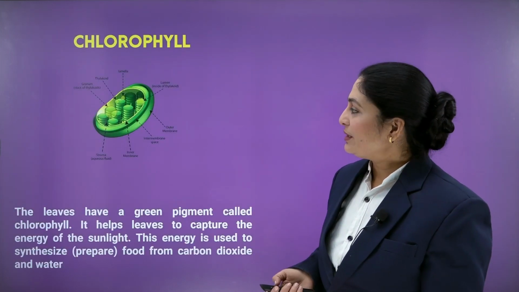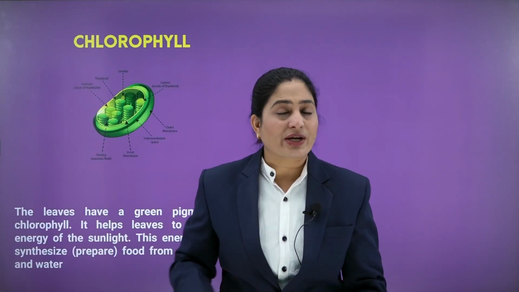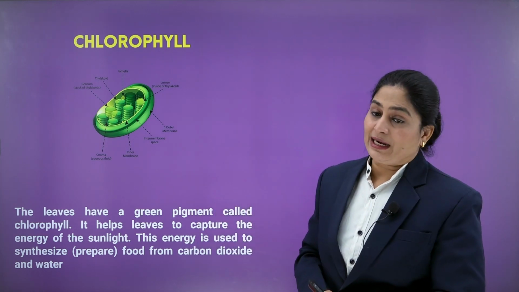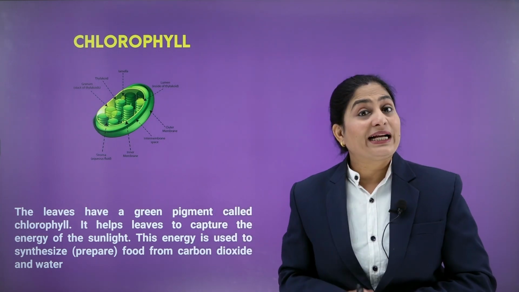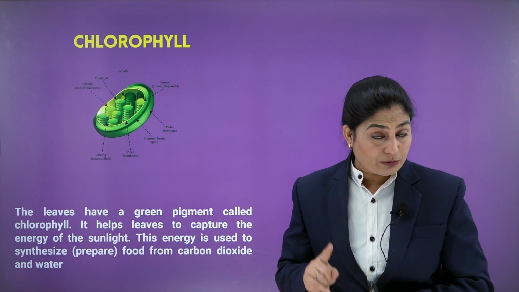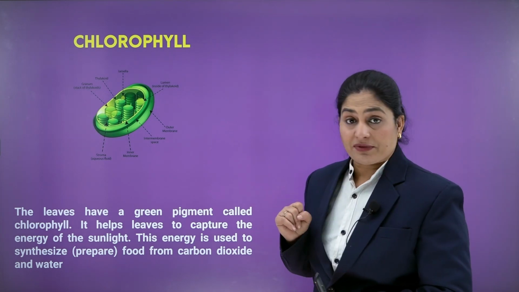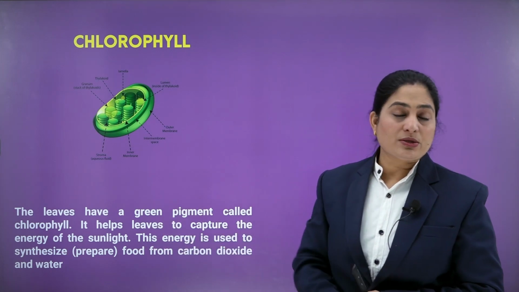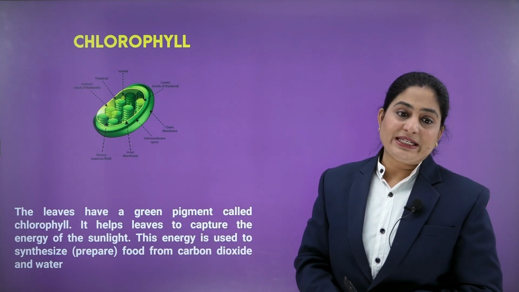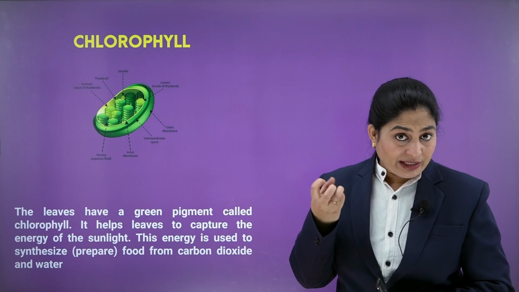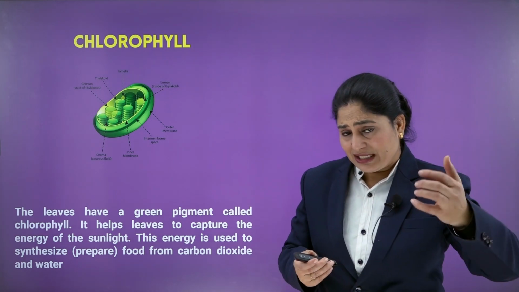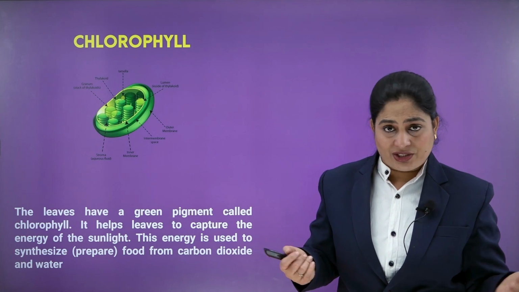Let us talk further about the structure of chlorophyll. Chlorophyll is the green pigment present in the leaves. Leaves have this green pigment that we call chlorophyll, and it helps leaves to capture the energy from the sunlight. It's not that sunlight gives its energy and the plant can take it in any way.